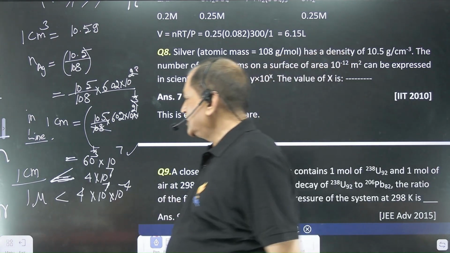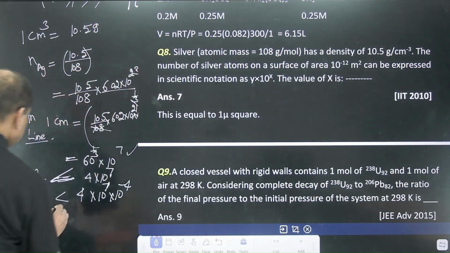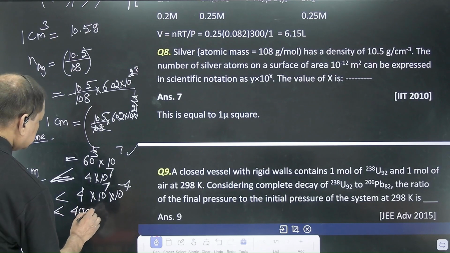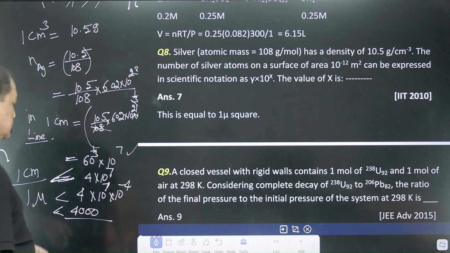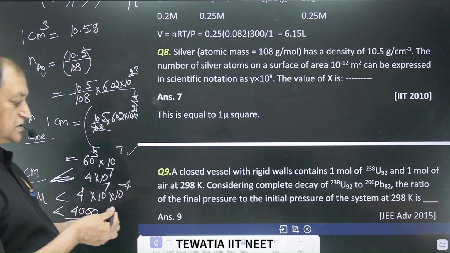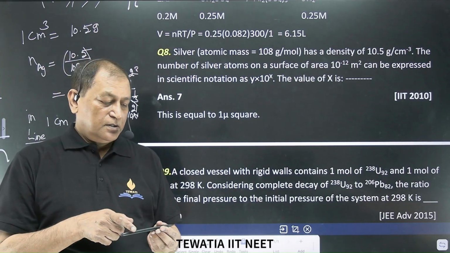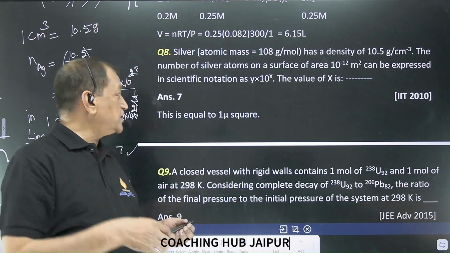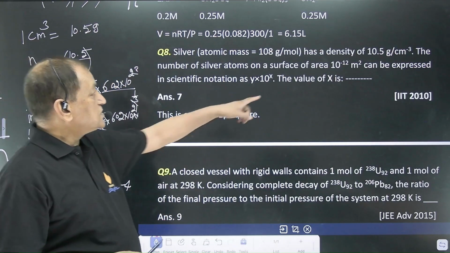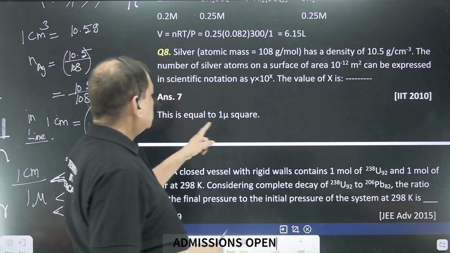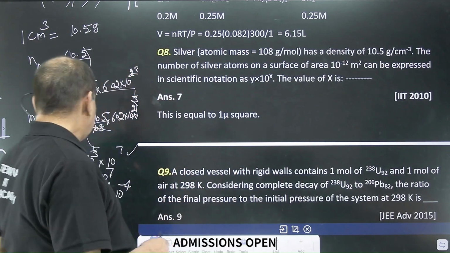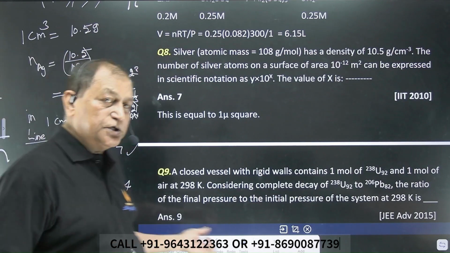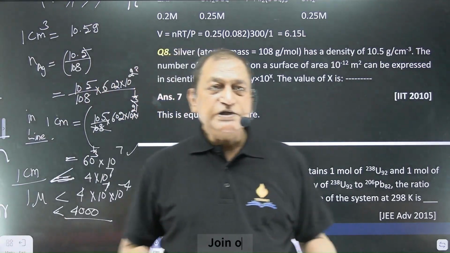So they will be around 4000 atoms, 4000 atoms in 1 micron. And on the other side also, suppose the same, because this is equal to 1 micron square. So 4000 into 4000 is roughly 16 into 10 raised to power 6.